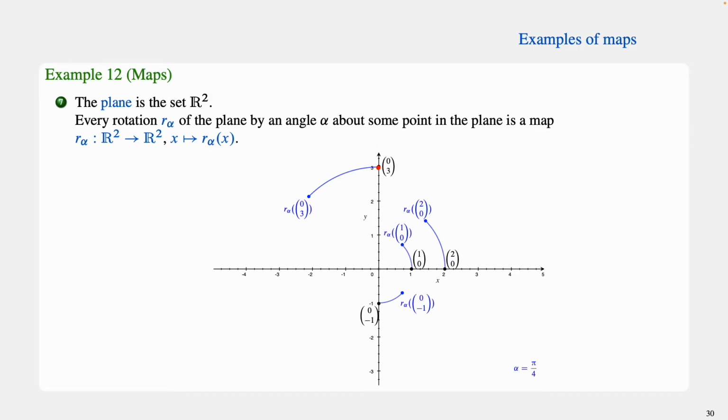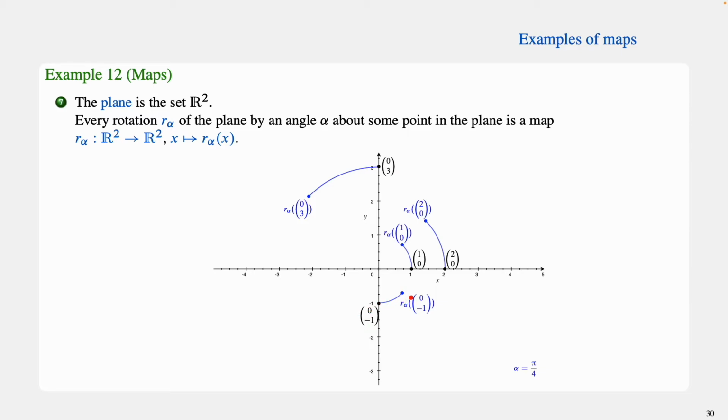And now a different point on the y-axis, for example, with coordinates (0, 3), gets rotated here, again by a 45-degree angle. So if we connect this back to the origin, you would see there's a 45-degree angle between the y-axis and the connecting line. And here we have a point on the negative y-axis, (0, -1).